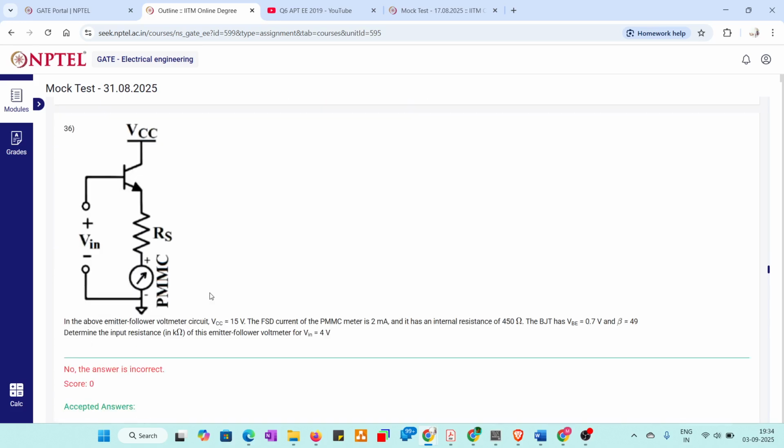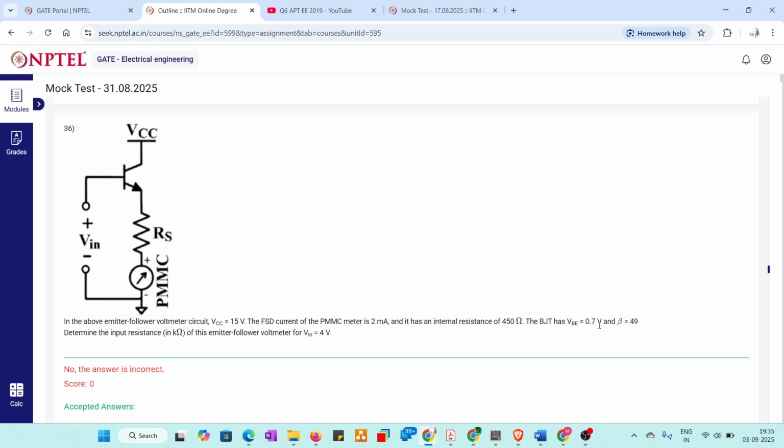Next, this is PMMC, permanent magnet moving coil based. Okay, so emitter follower with VCC, here VCC is 15 volts. FSD current of the PMMC meter is 2 milliamperes, and the internal resistance is given, that is 450 ohms.